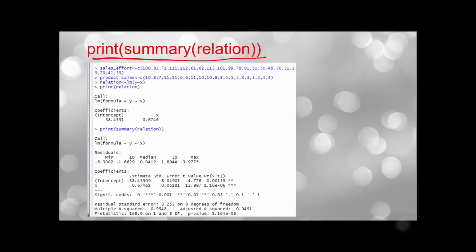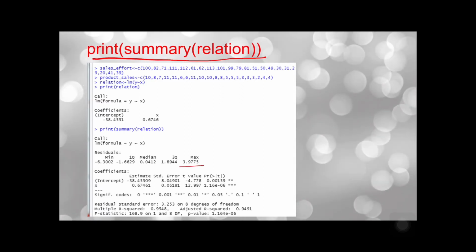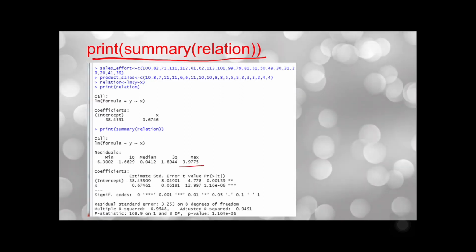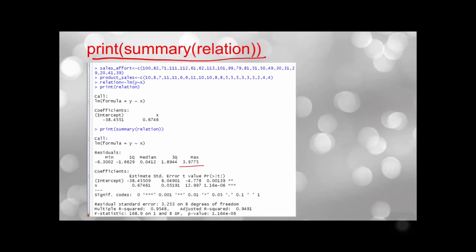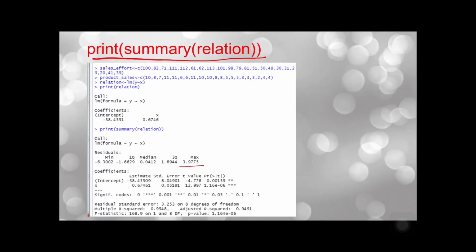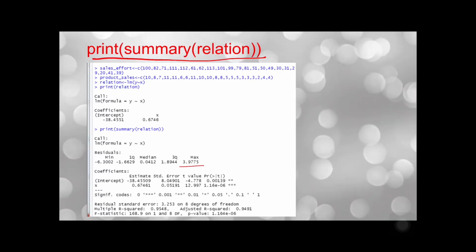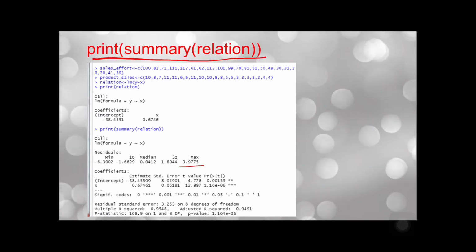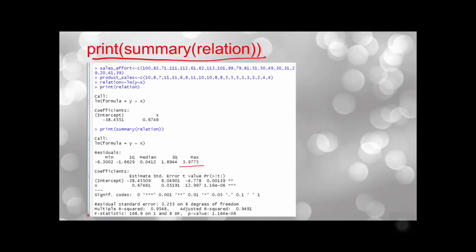The maximum residual value is 3.9775, whereas the minimum residual value is -6.3002. So, in this case, the spread is from -6.3002 to 3.9775.